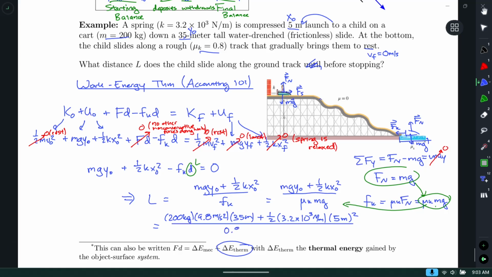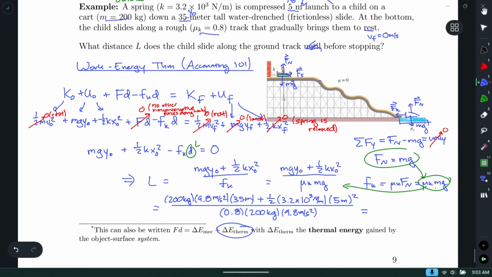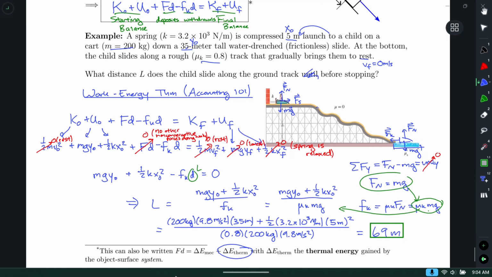Coefficient of friction is 0.8. Mass is 200 kilograms and 9.8 again. And after tedious calculation, we get 69 meters.